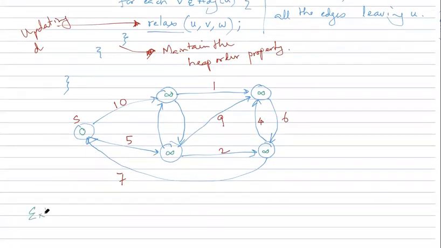When we are doing extract min on the queue here, which node will come out? You can see here, right? The D values are 0, infinity, infinity. So clearly this S node is going to come out, right? S dot D, which is the 0 value, is the minimum.